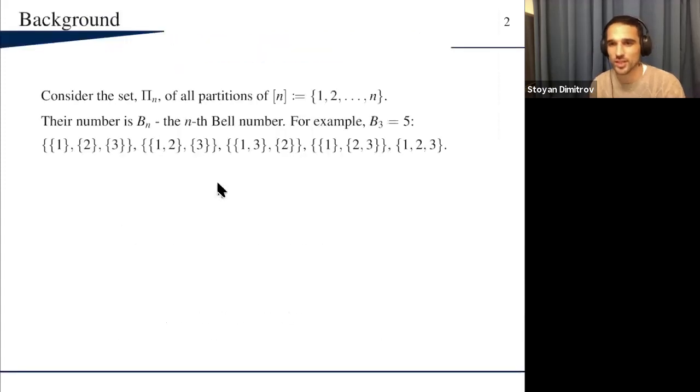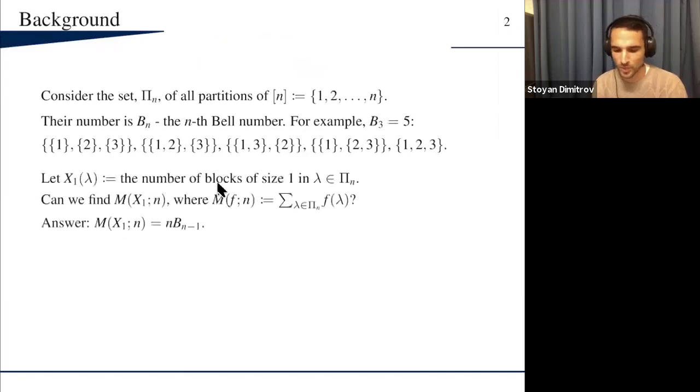First, let's begin with something simple. Let's consider the set of all set partitions of size n, basically all the partitions of 1 up to n. As we know, their count is given by the Bell numbers. For instance, for n equals 3, we have 5 such set partitions.